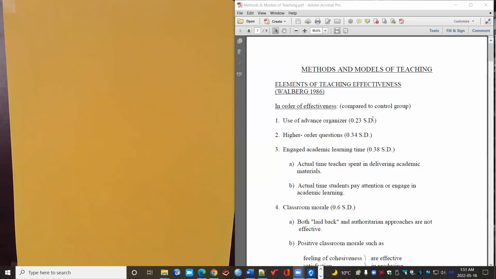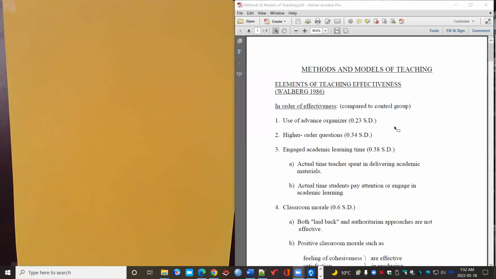Is that good? But then how high? Of course, this one here, the difference is larger than this. 0.38, the difference is larger than this, and so on. Say 0.6, the difference between the two groups is larger than this, larger than this, larger than this. Is that good? All right. So they are all statistically significant, I mean, the difference between the experimental group and the control group.